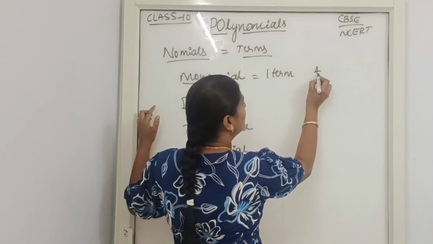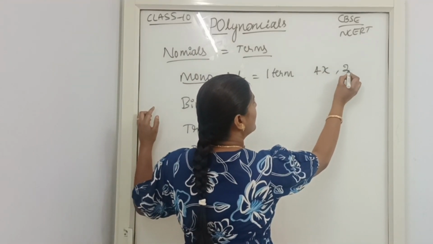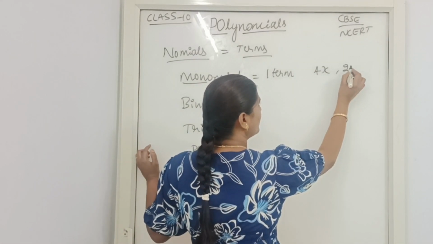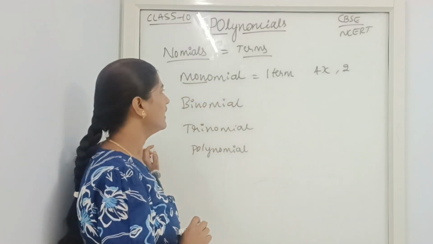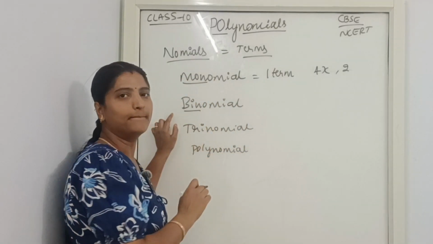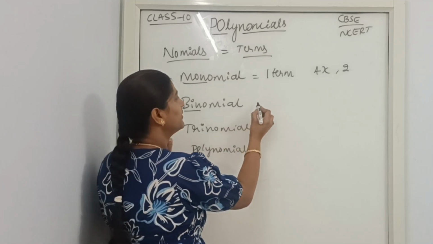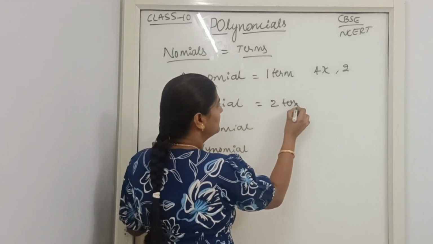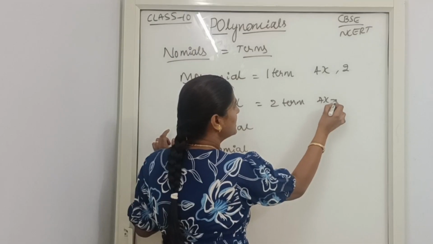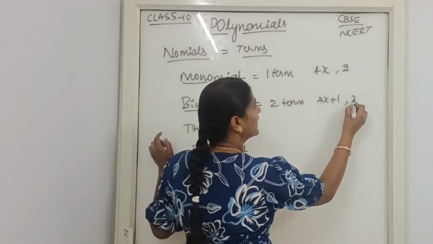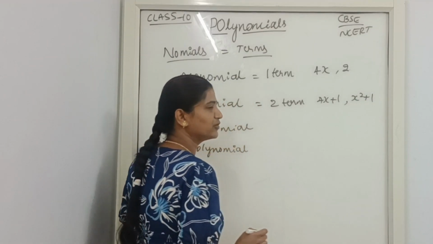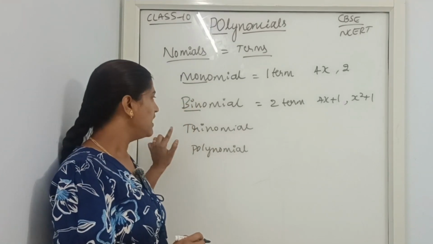For example, 4x, or you can consider a constant also. And binomial, bi, means two terms in that: 4x plus 1, or x square plus 1. So these are all binomials.